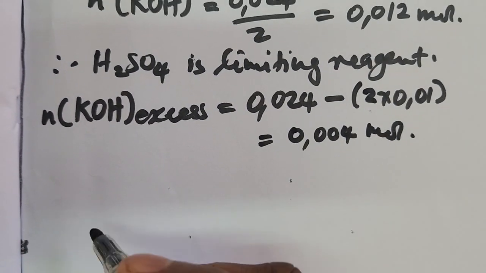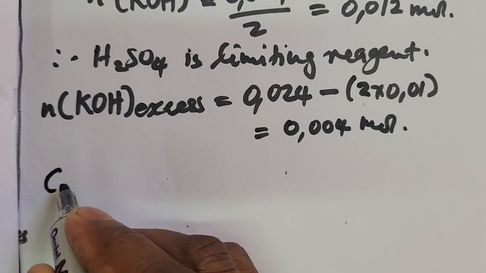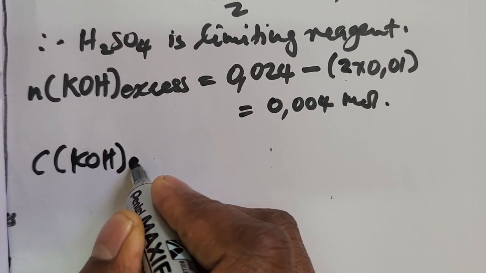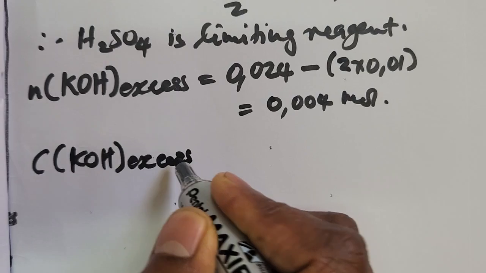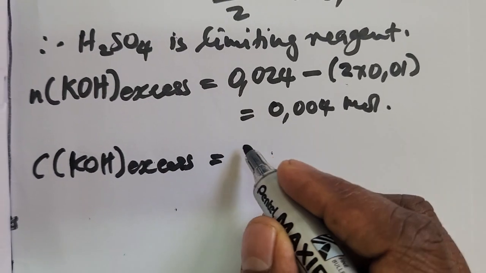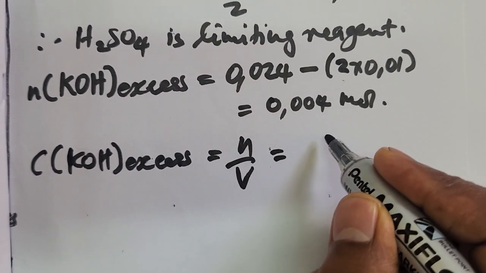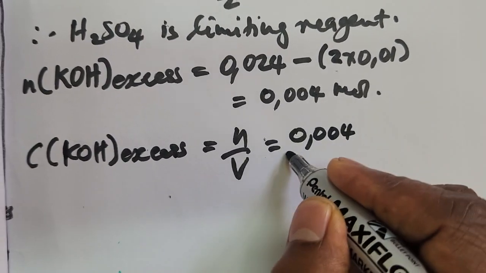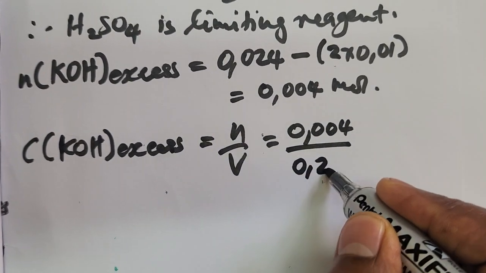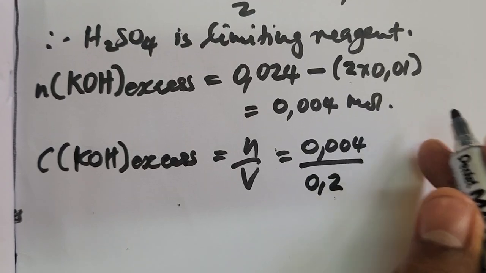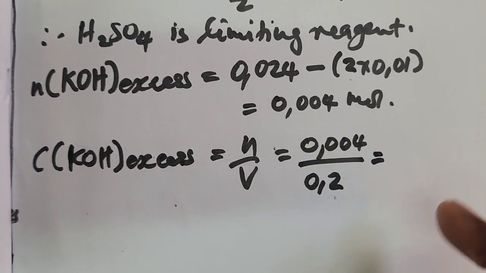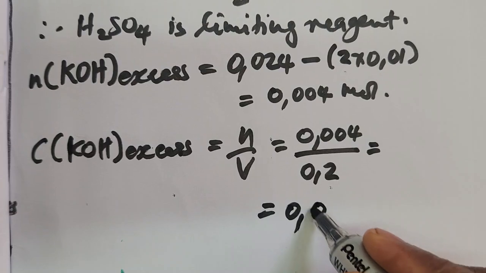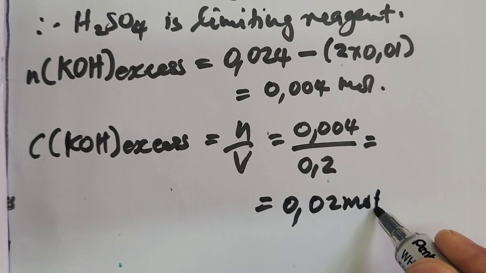Fine. In this case we'll calculate the concentration of the excess moles. Excess moles, it will give us number of moles over volume, which is 0.004 divided by 0.2, which gives us 0.02 mole per dm cube.